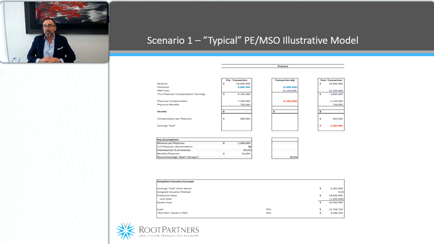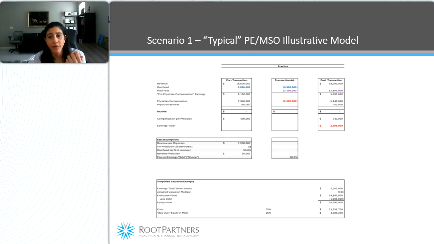Ragini, anything you want to add on to that concept? Yeah, that's a really good summary of how it works, right? The physicians will get their compensation as, say, for example, 80% in cash, and then retain 20% as rollover equity, either in the MSO or an affiliated entity, like the holding company of the MSO, depending on the transaction structure.